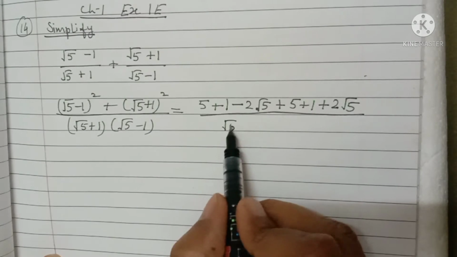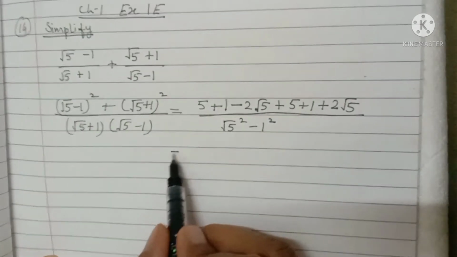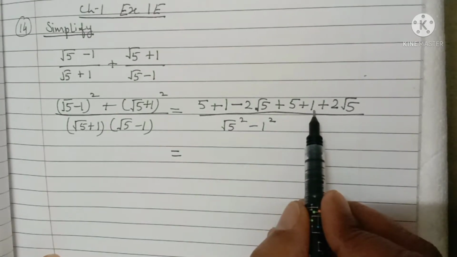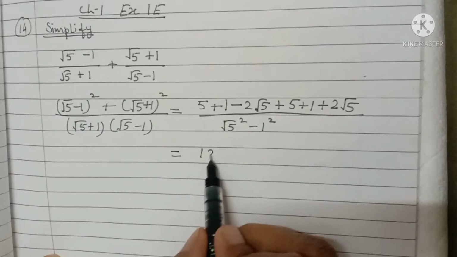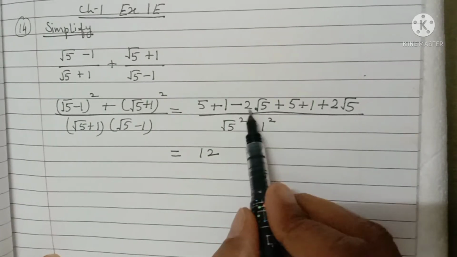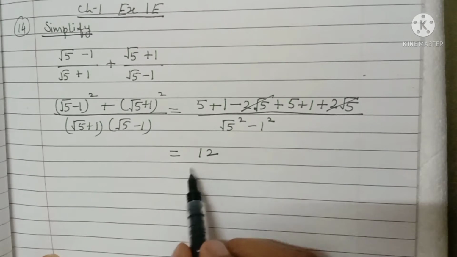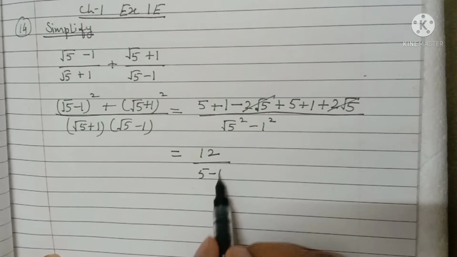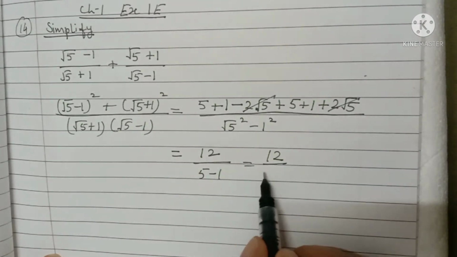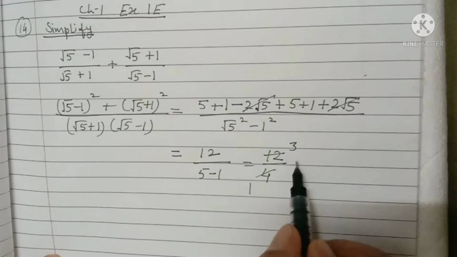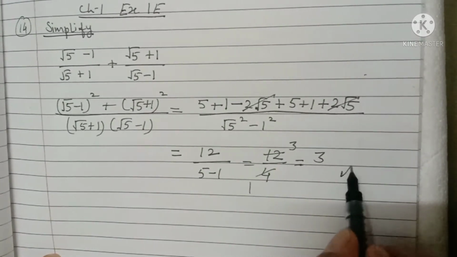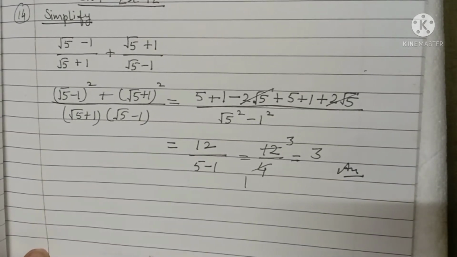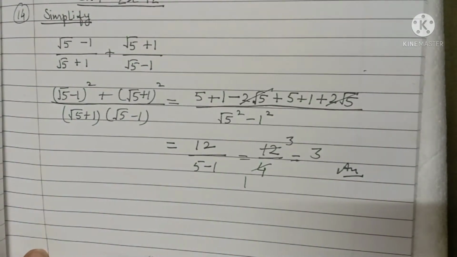So under root 5 square minus 1 square. Now you will get 5 plus 1, 6, and 5 plus 1, 6. 6 plus 6, 12, and plus 2 root 5 minus 2 root 5 will cancel, and here in the denominator 5 minus 1. 12 upon 4, 4 ones are 4, 4 threes are 12, you will get 3 as the answer. This is the way to simplify a question based on irrational numbers.